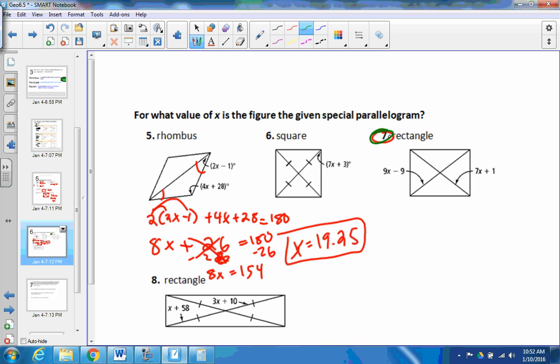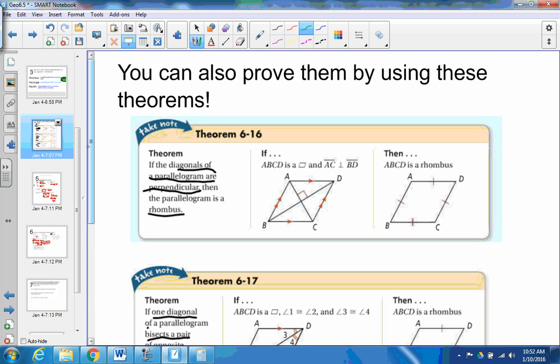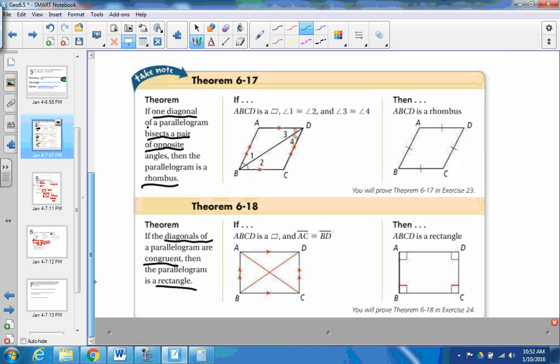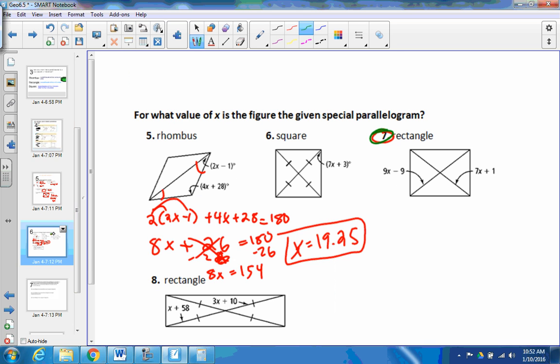Number 7. We are given that these two things, we know that for rectangles, the diagonals have to be congruent, don't we? Where is that? Right here, Theorem 6.18. If the diagonals are congruent, then it's a rectangle. So diagonals have to be congruent, and they have to bisect each other, so these would have to be congruent.